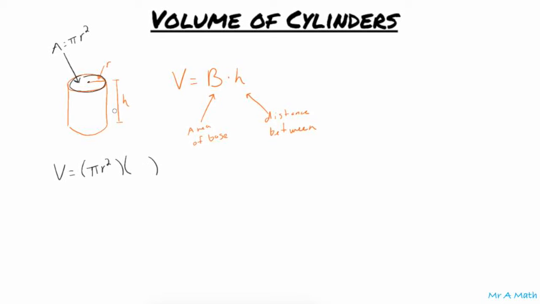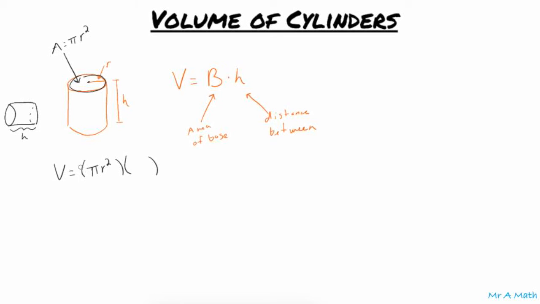And then my height is going to be however tall this cylinder is, or the distance between the bases, because I might have a cylinder that's lying on its side. In this situation, the distance between the bases is actually going to be this length here, not necessarily how far up and down it is.